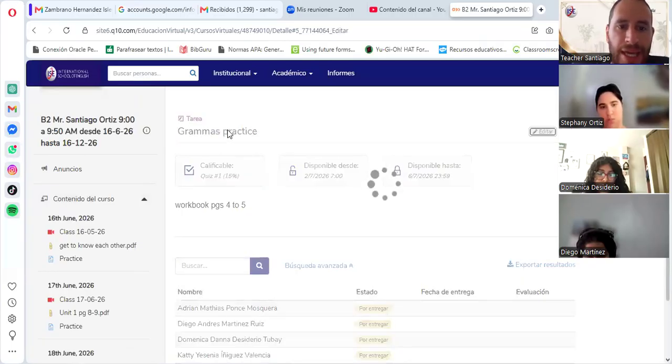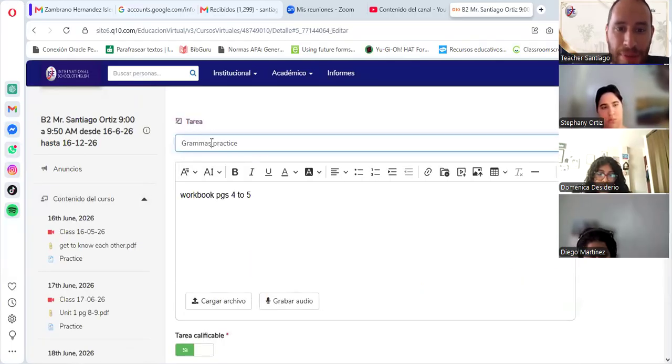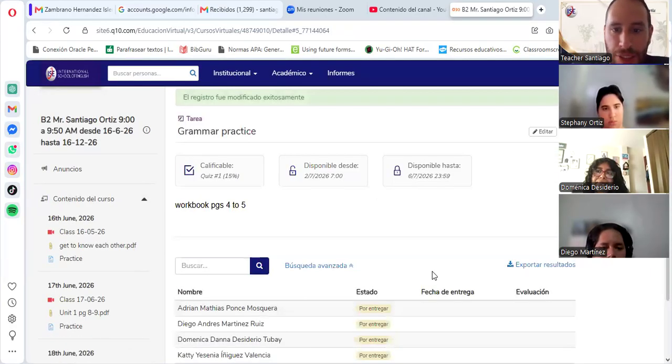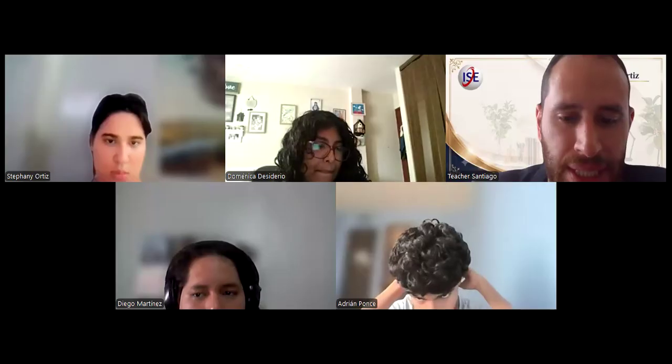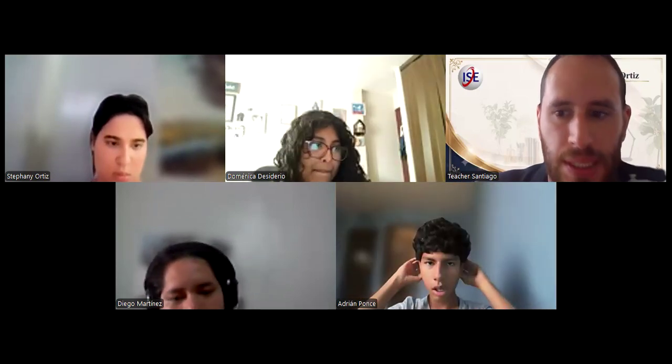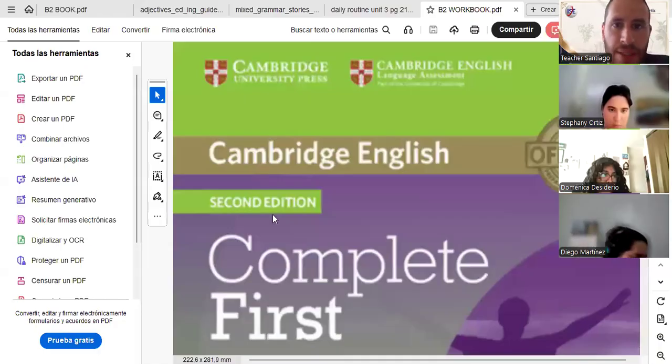I tried to split the PDF into these two pages, but it didn't work. I don't know why. It showed me different pages. So workbook pages 4 to 5. And let's check these pages, okay? I already opened the book. Let me see. I am right. This is workbook. Yes, it's from here.